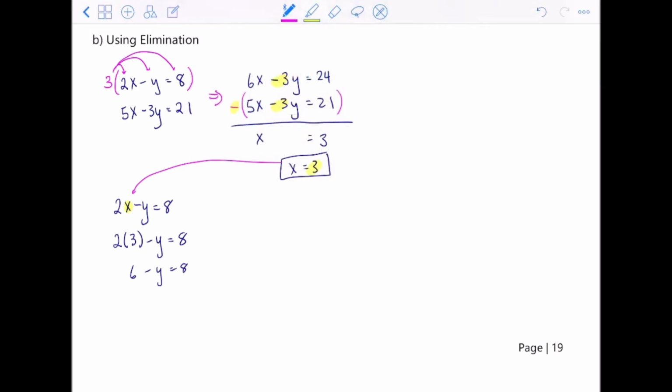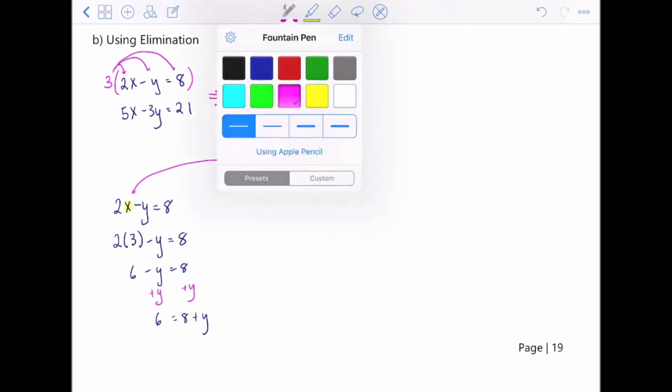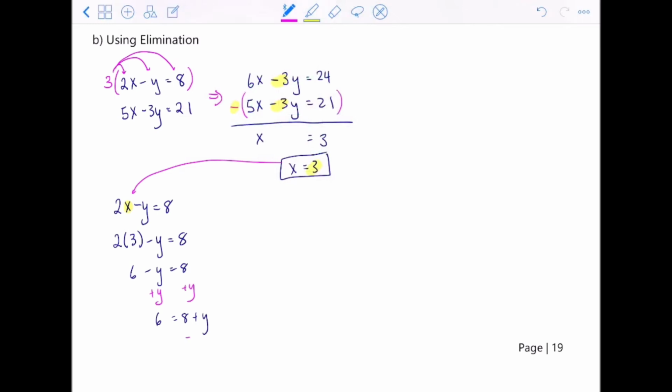Okay, so here's one step that I could kind of undo. So I'm just going to add y to both sides. So we have 6 equals 8 plus y. So I don't have to technically divide it by -1. So minus 8 on both sides. We get y equals -2.